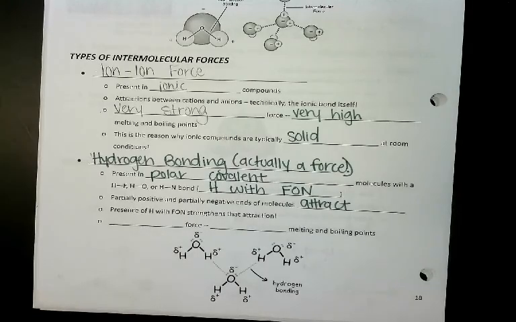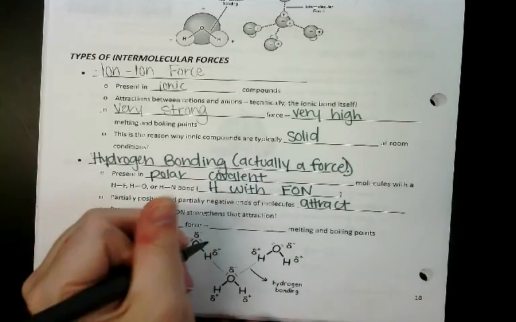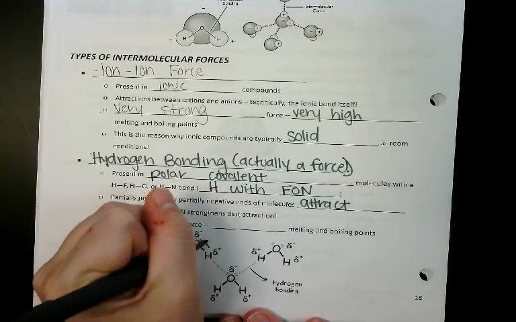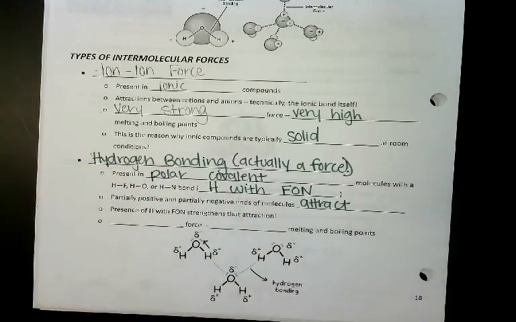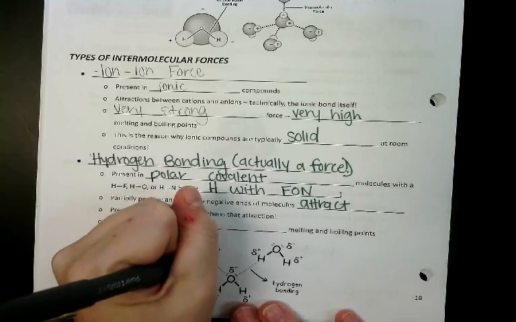Okay? So what they're doing is they're pulling that electron away from hydrogen. Now, hydrogen only has one electron, right? That one electron is being pulled closer to oxygen. What happens is the positive nucleus of hydrogen is actually being exposed.